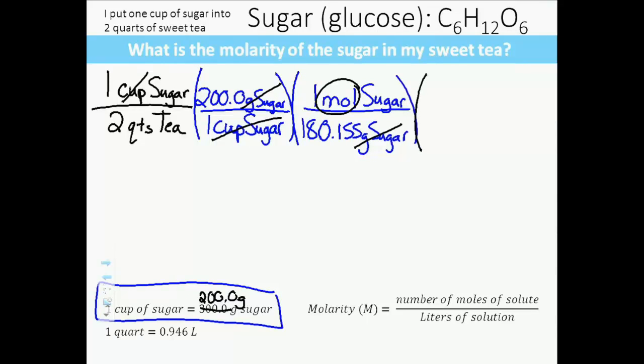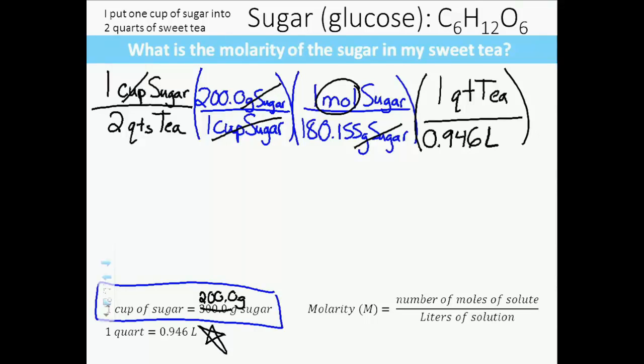So for every 1 quart of tea, that's equal to, down here, our conversion factor, 0.946 liters of tea. So now we're doing good because not only do we have moles on top, but we can also cancel our quarts, which leaves us with liters on bottom, which is what we want.